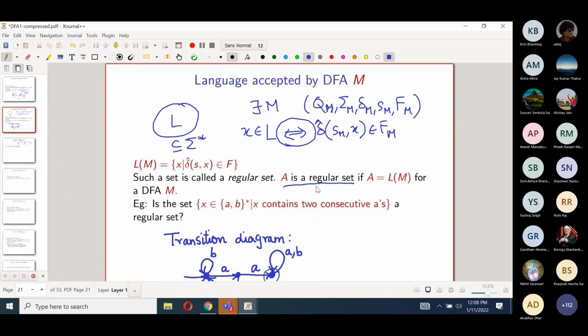As Professor Das has also showed you, there are uncountably infinitely many languages, and there are only countably many finite representations of machines. DFAs are specifically machines which have finite representations. So we cannot expect all languages to be accepted by DFAs.